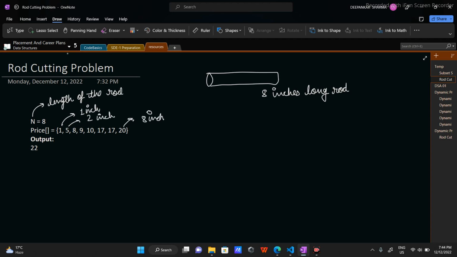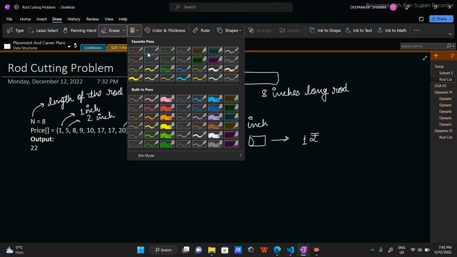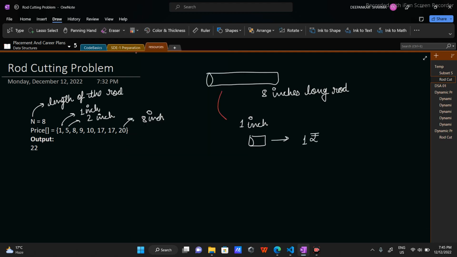See, suppose if I cut up this rod into a 1 inch piece, like 1 inch of this rod, it will cost me 1 rupee, all right? And suppose if I went to market and I brought this rod with me and I sold this whole entire rod of 8 inches long, I'm going to get what? 20 rupees.